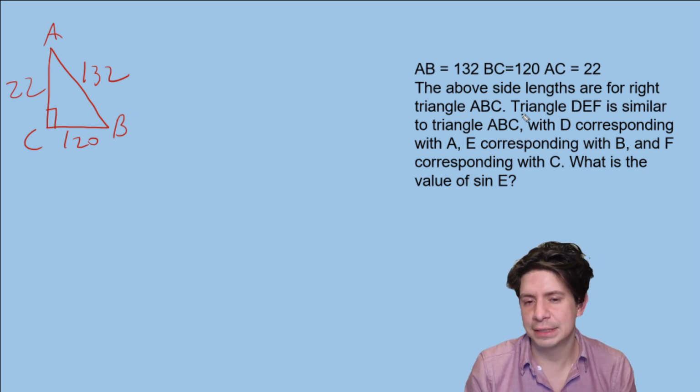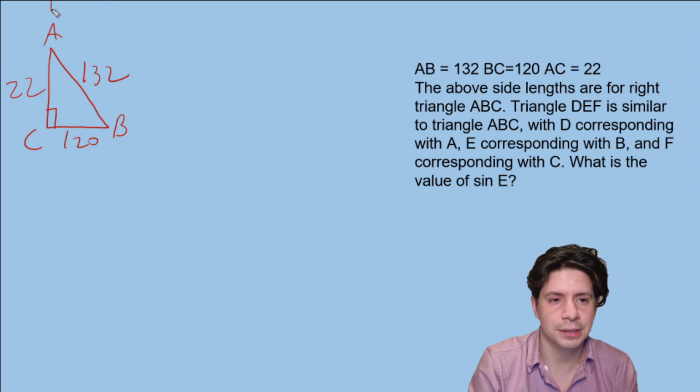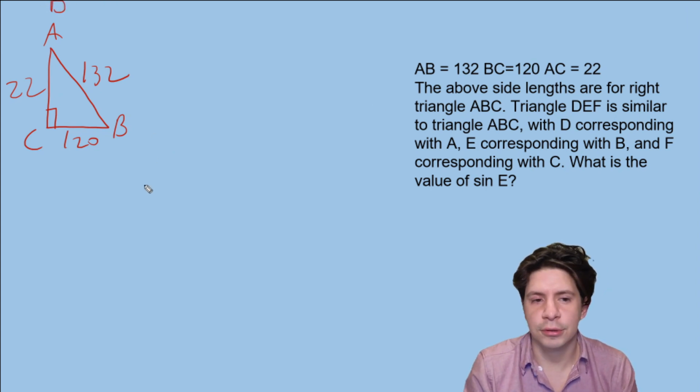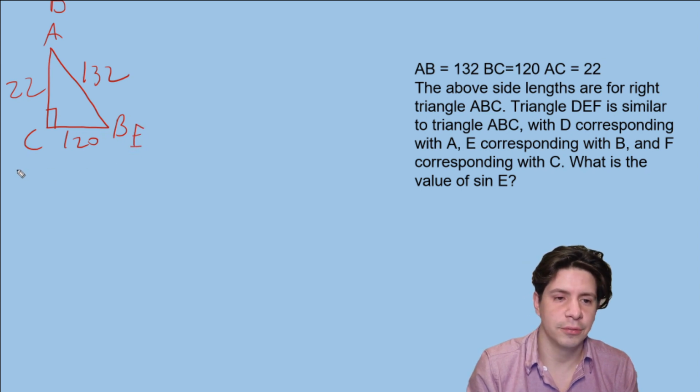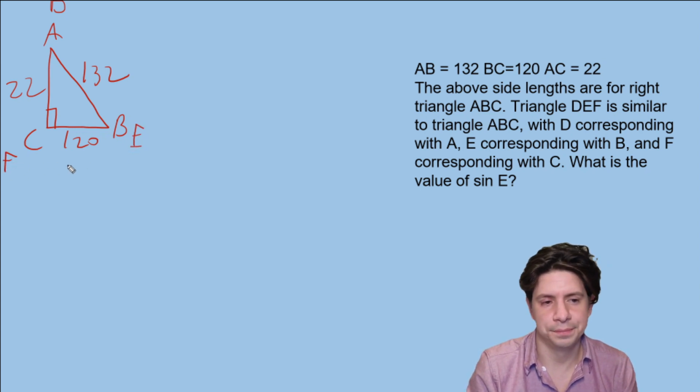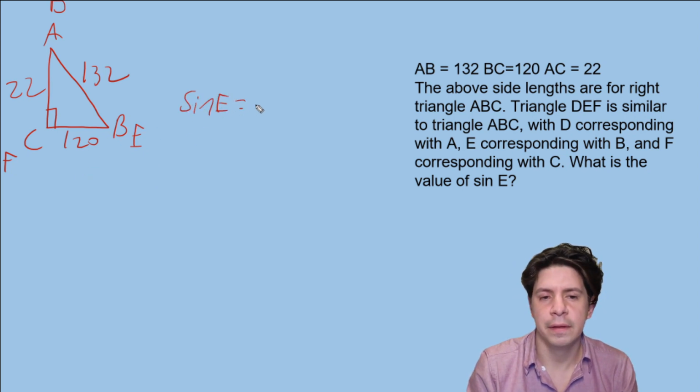So DEF is similar, and D corresponds with A, so that means that this is also D. B corresponds with E, so this is also E, and F corresponding with C, so this is F. And it's asking for sine E, which is the same as sine B. So we're going to say sine E equals sine B, and that equals opposite over hypotenuse.